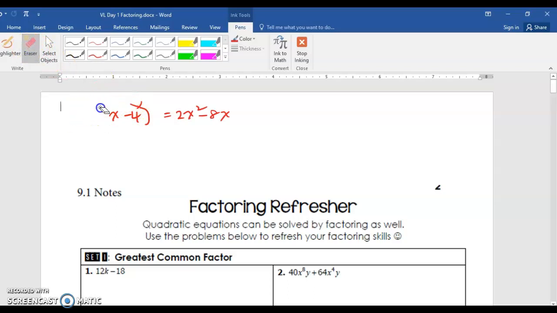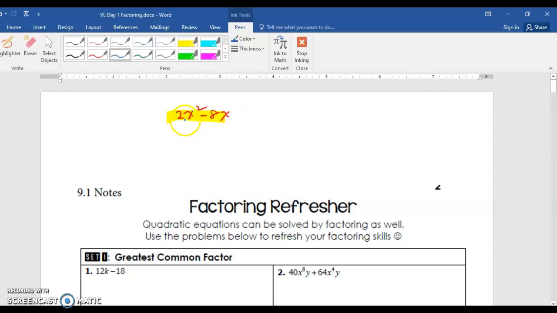Suppose you didn't see this at all, and you're asked to factor this. How would you factor? So that's the question here. You would actually do the opposite of the multiplication. You have to look at what is common between these two terms, and in that we have to look at the greatest common factor.